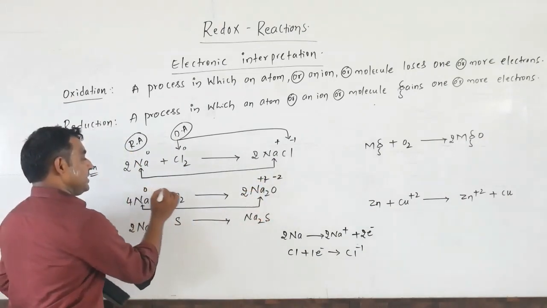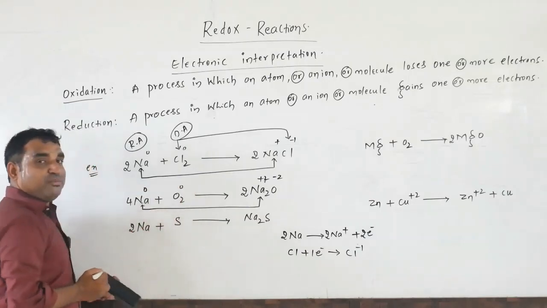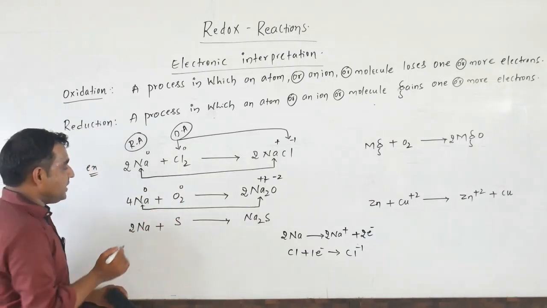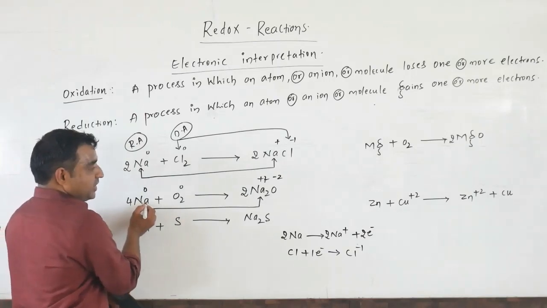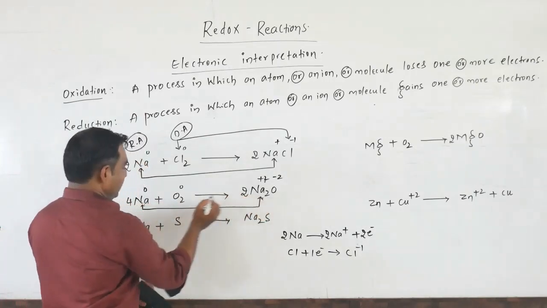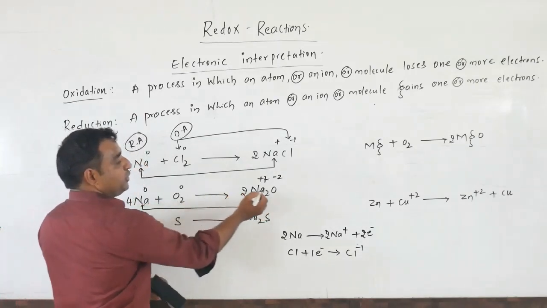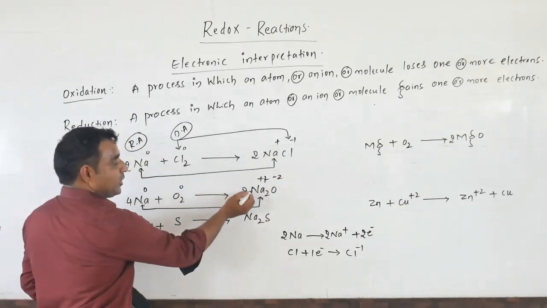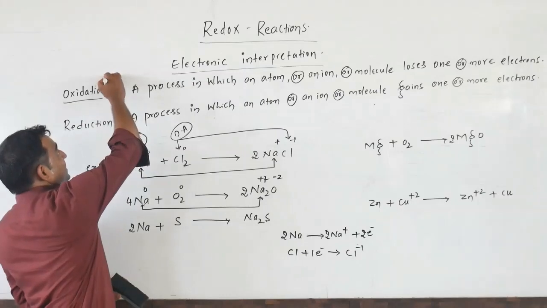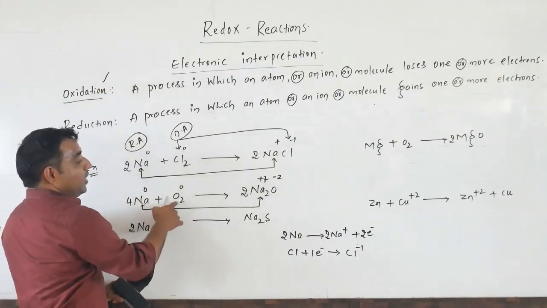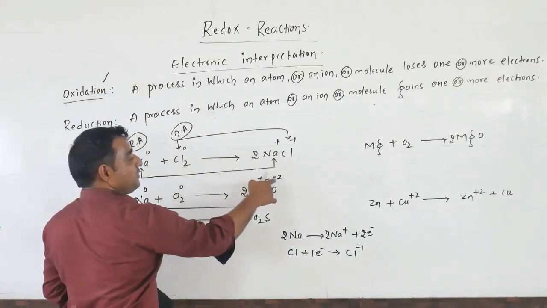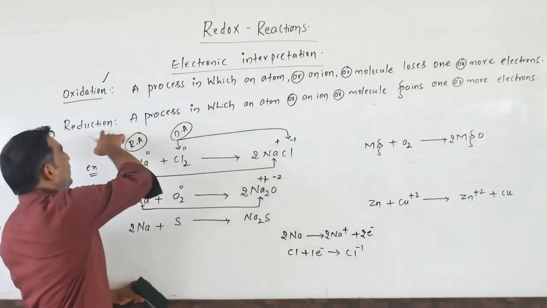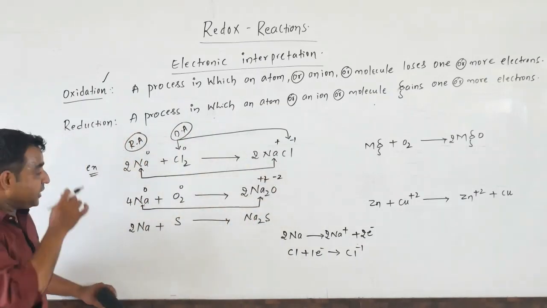Here it is 0: the oxidation state of an element, elementary or molecular, is 0. So sodium is converted into sodium plus and O2 is converted into O minus 2. Sodium loses the electron, and loss of electron is oxidation. Oxygen gains the electrons to become O minus 2, and gain of electron is reduction.